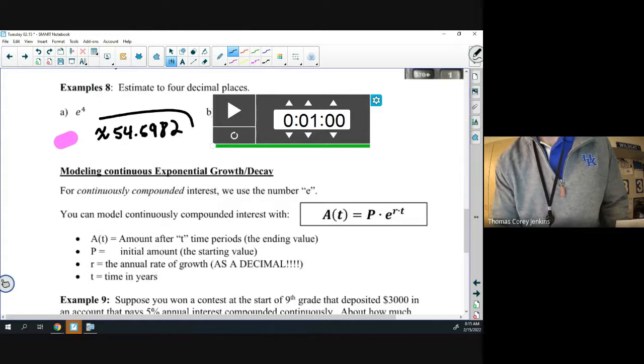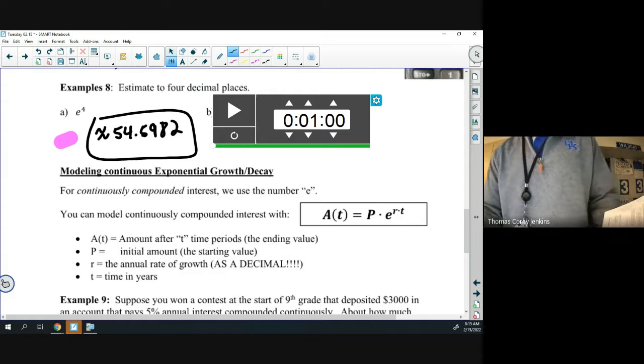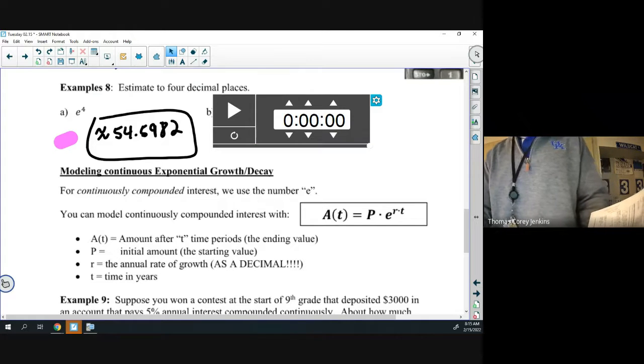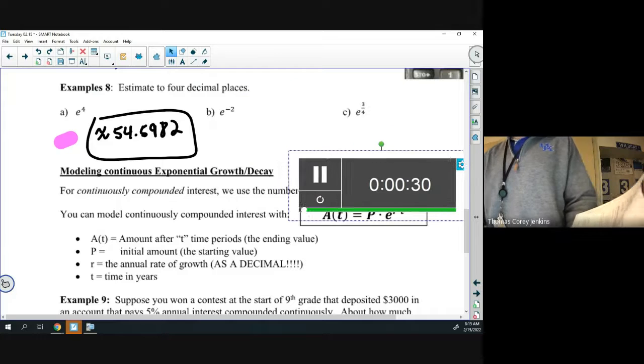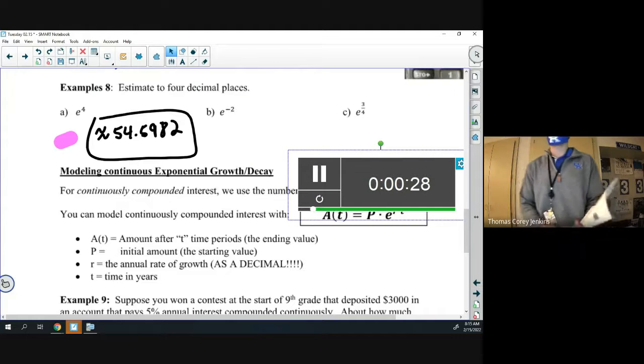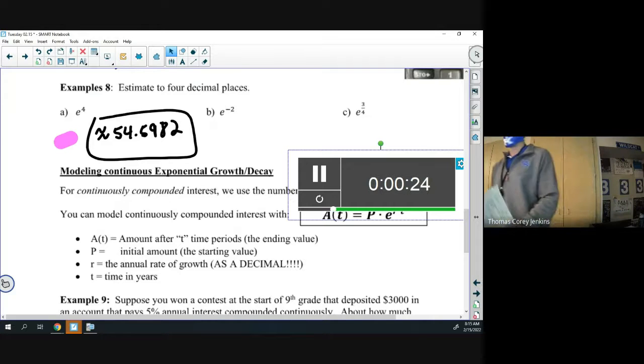54.5982. All right, so not a whole lot to this, just again, practicing using your calculator here. So go ahead and try to do the next couple, and we'll compare at the end after the timer. So e to the -2 would equal what? E to the 3/4 would equal what?